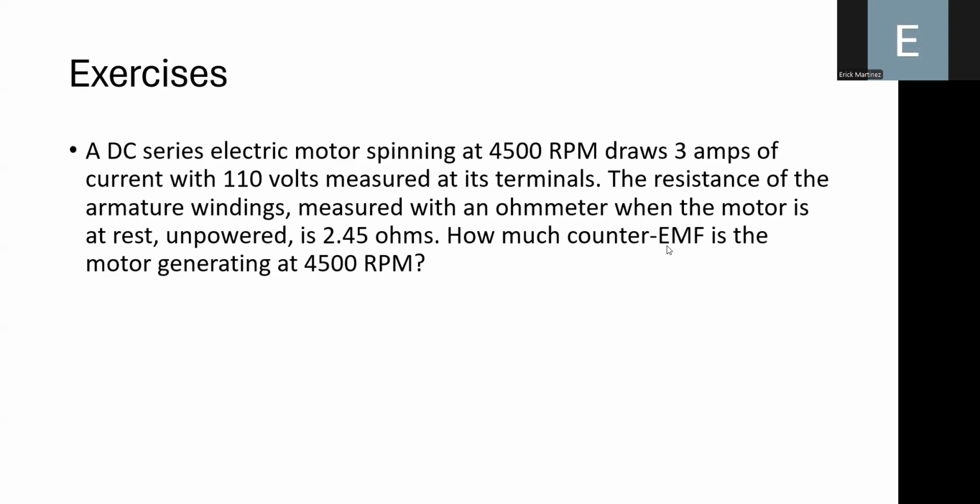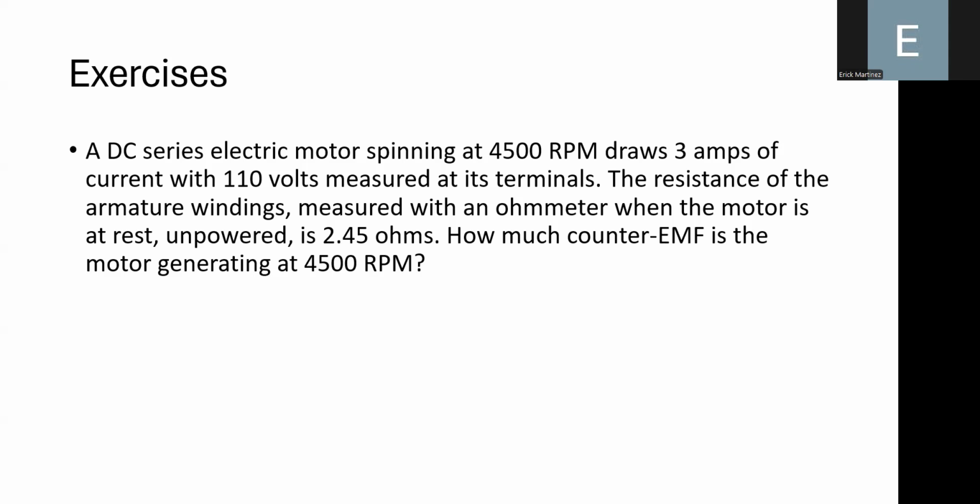So in order to solve this type of problems, we need to collect some data. For example, here we know that the speed of the motor is 4,500 revolutions per minute. We know that the motor requires a current of 3 amperes.